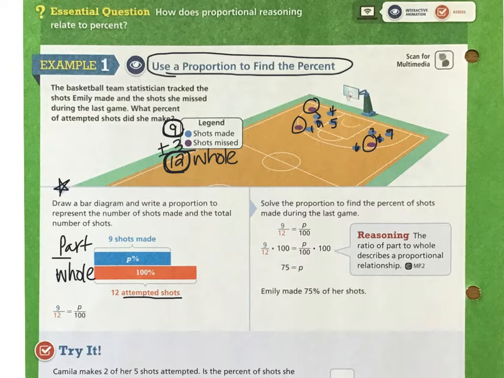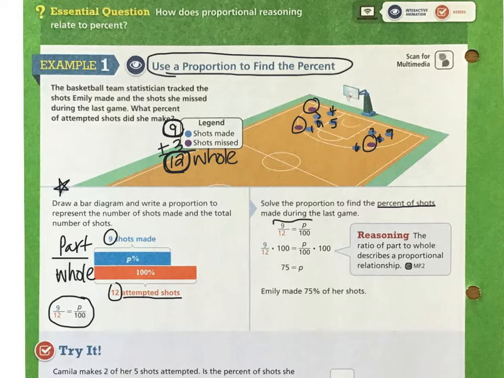Okay. So our part to whole ratio is 9 to 12, and that's equal to that percent value over 100. So this time we are not looking for the part, but instead we are looking for the percent number. So we're going to solve the proportion to find the percent of shots that she made during the last game.